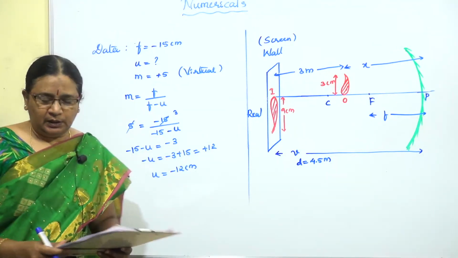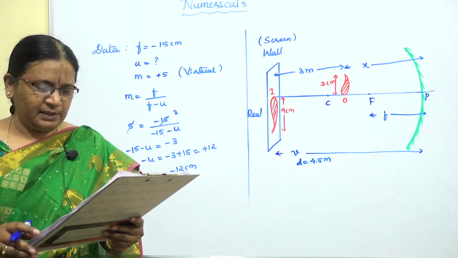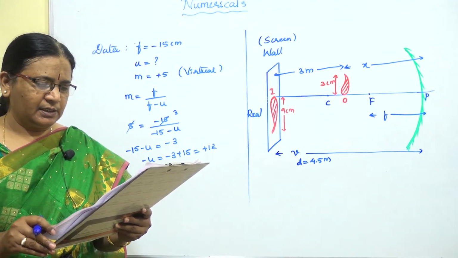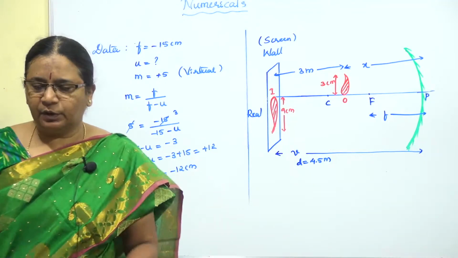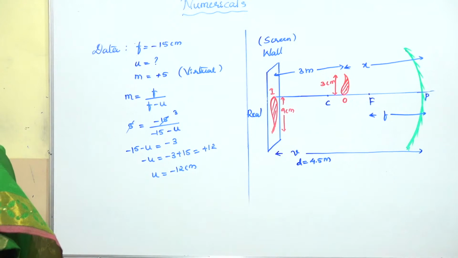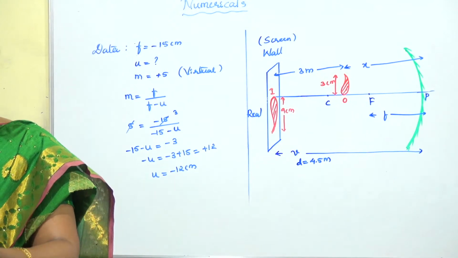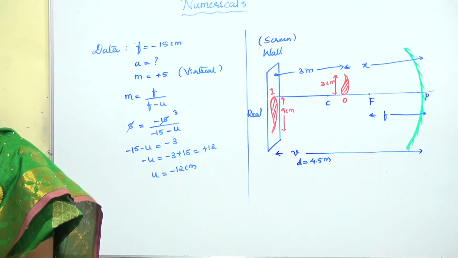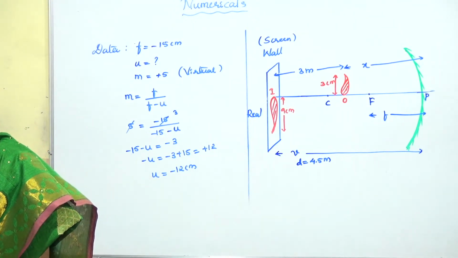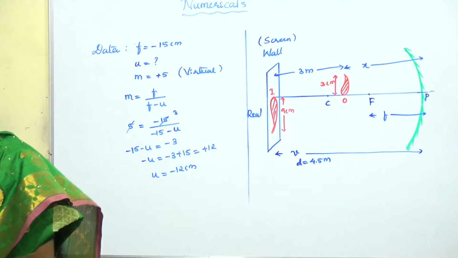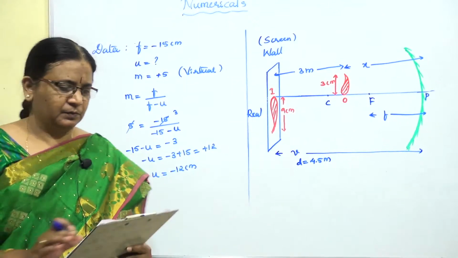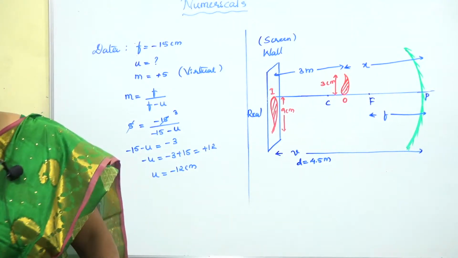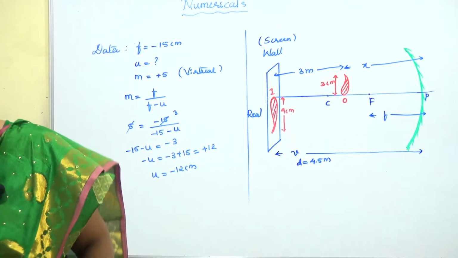Now the next question is a similar question, so I will skip it, but we go for a different one. Okay, we go for a convex mirror example.